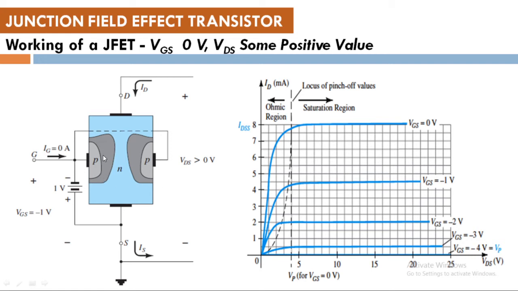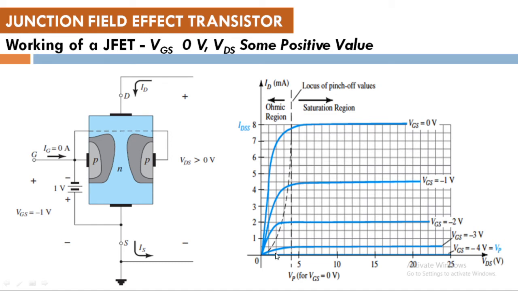So before applying the output potential, the depletion region will be much wider at minus 1 compared to 0. So when we apply the output potential, it will get pinched off much earlier compared to others.